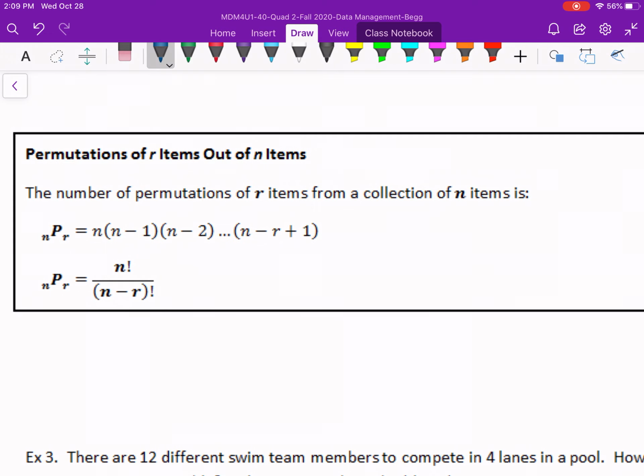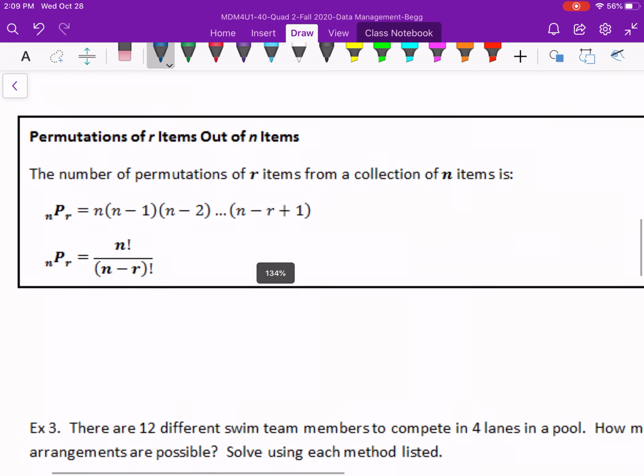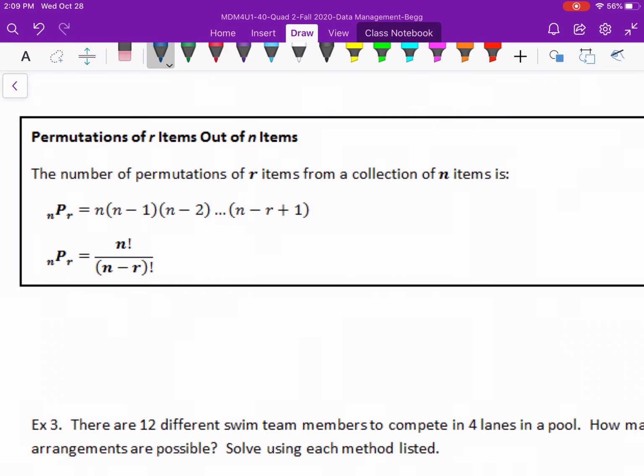So permutations of r items out of n items would be, we still start out with n as our first factorial number, which is then multiplied by n minus 1, n minus 2, but we don't go all the way down to 1 this time, right? We don't go times 2, times 1.